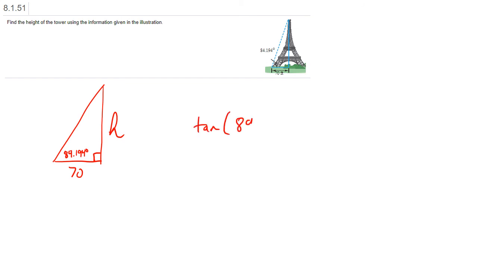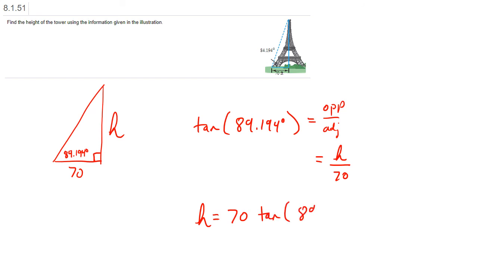So the tangent of 89.194 degrees is going to be equal to the opposite side length over the adjacent side length. The opposite side length is h, the missing height, and the adjacent side is 70. Multiplying both sides by 70 gives me that the height of the tower is 70 times the tangent of 89.194 degrees. And again, you would punch that into a calculator to get an approximate answer if you wanted.